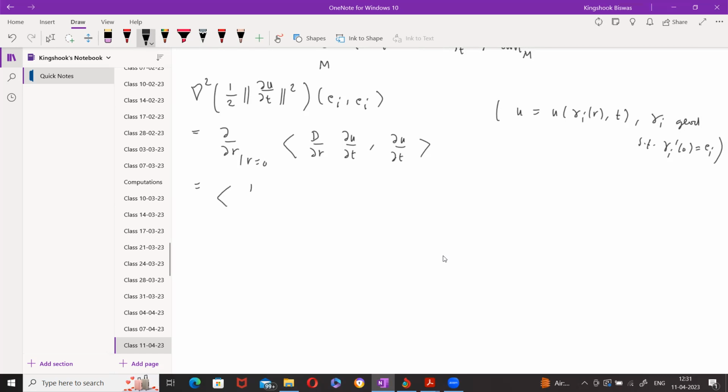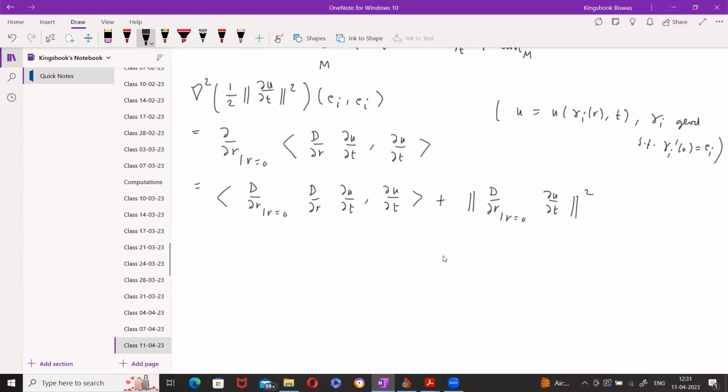The first is the inner product of D/∂r at r equal to 0 of D/∂r of ∂u/∂t with ∂u/∂t, plus a norm squared term, the norm of D/∂r at r equal to 0 of ∂u/∂t, whole squared.